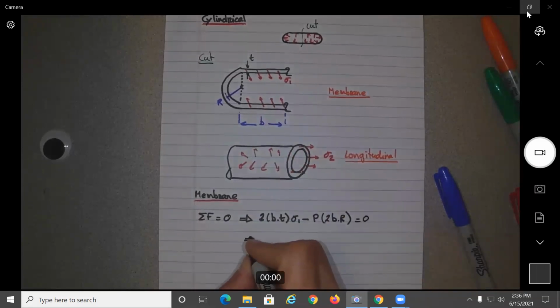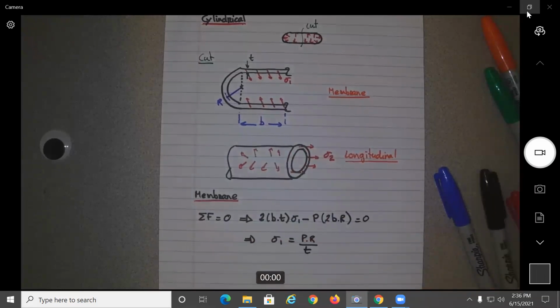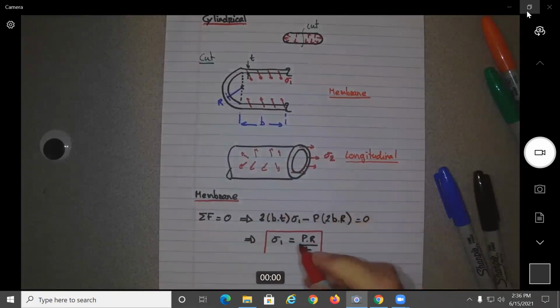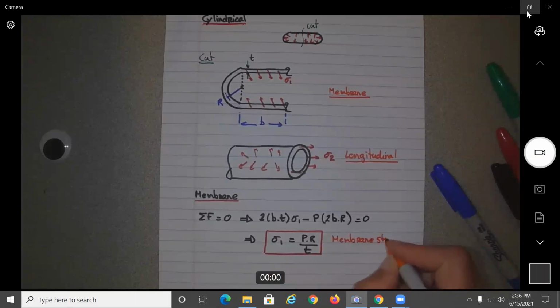So this is going to give us that the membrane stress will be equal to PR divided by T. Okay, so it will be the membrane stress.